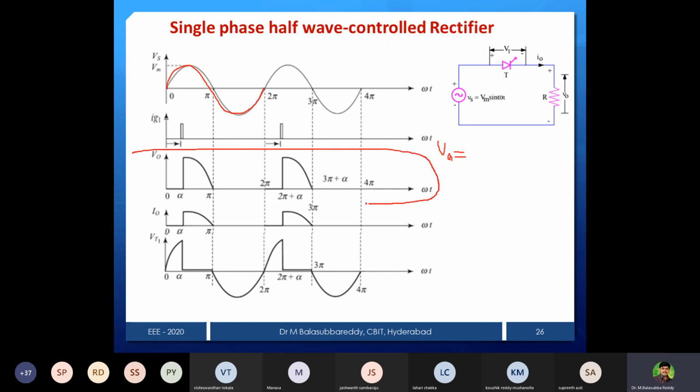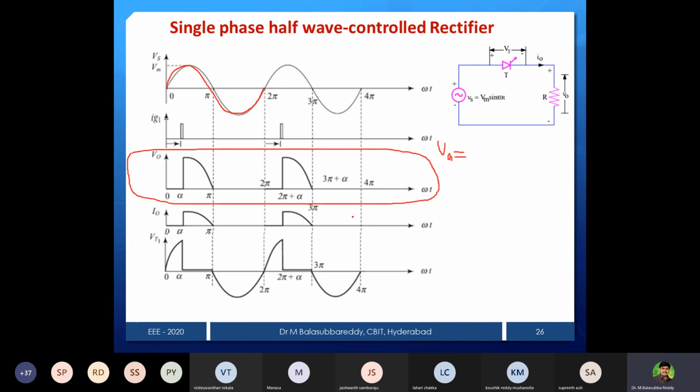You don't need to worry whether it is a half wave rectifier or a full wave rectifier or a semi converter or a full converter or single phase or three phase. Irrespective of the controller, you integrate the controller's output voltage waveform over one full cycle.